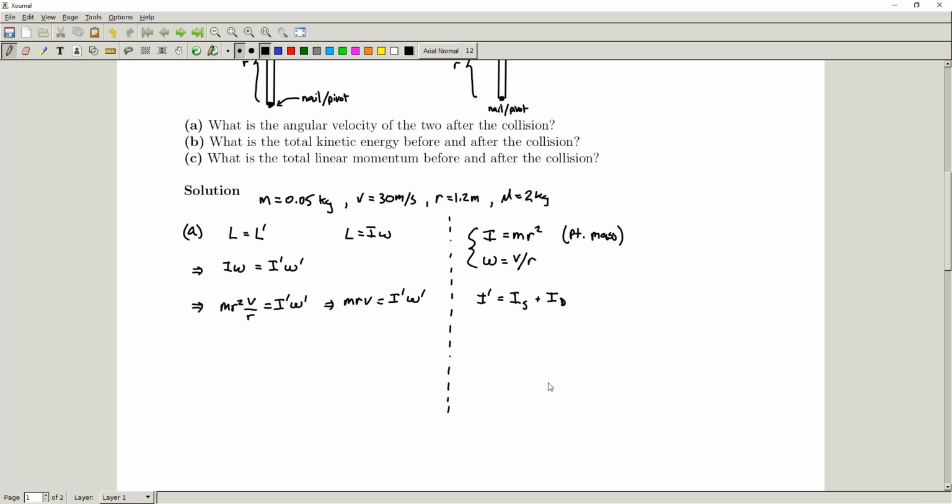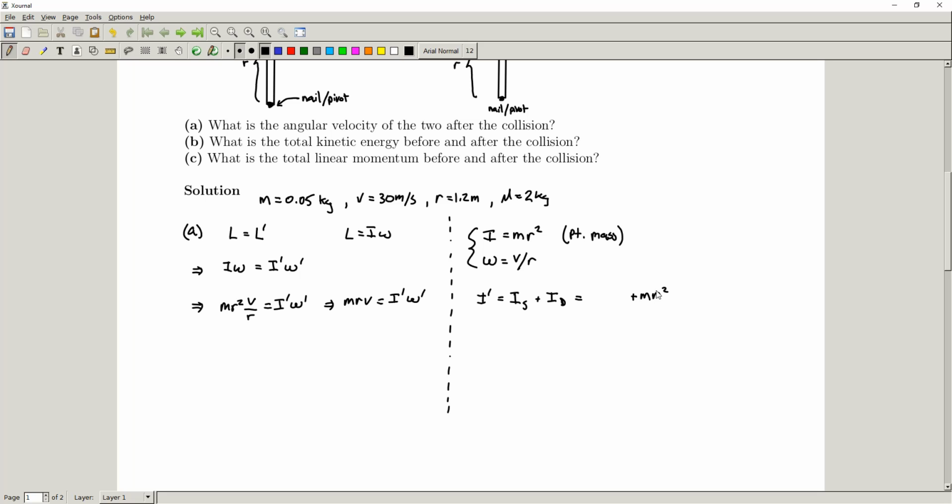So we've already said that the moment of inertia of our disk is, and maybe I won't write it like this, maybe I'll do it like this. I'm going to leave a little bit of space for the moment of inertia of our stick, but we've already said that the moment of inertia of our disk is going to be well approximated by the moment of inertia of a point mass at a radius r. So that's the disk part.